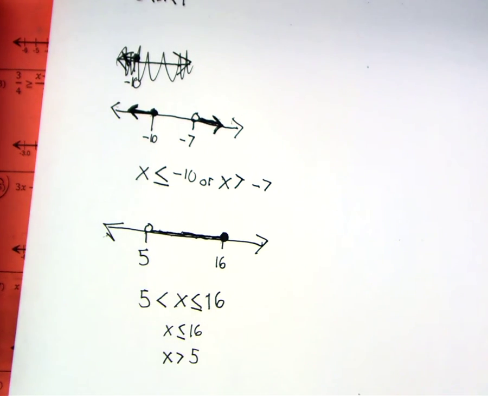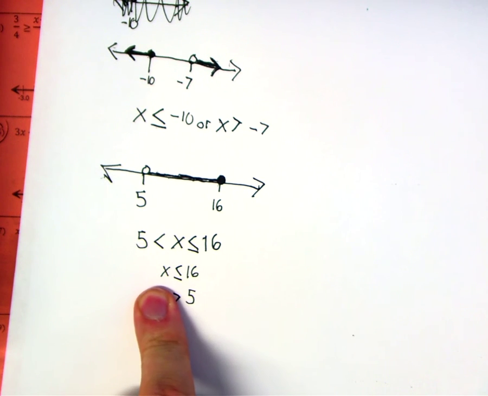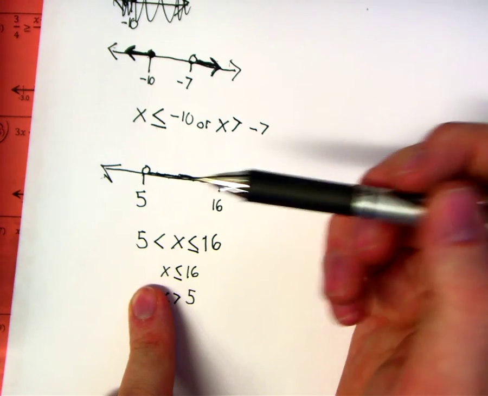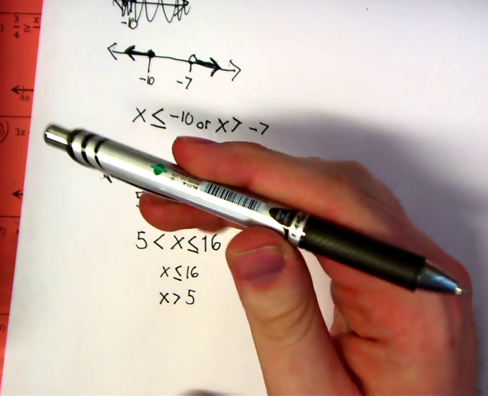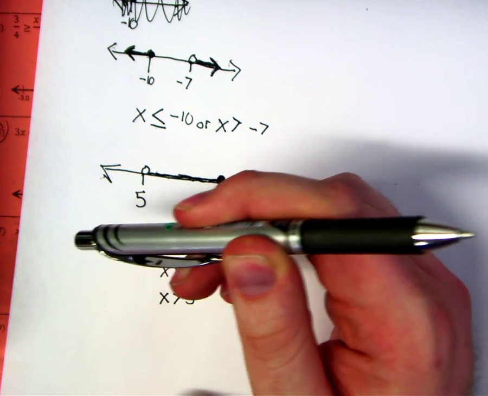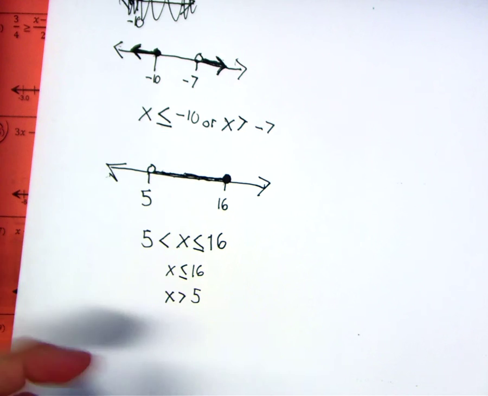Didn't have anything on the bottom. Alright? So does it look right? Well, according to our little arrow rule, that means it would go to the right of 16. And then for the leftward side, it's going to go to the left of 5. Alright? Goes to the left of 5.